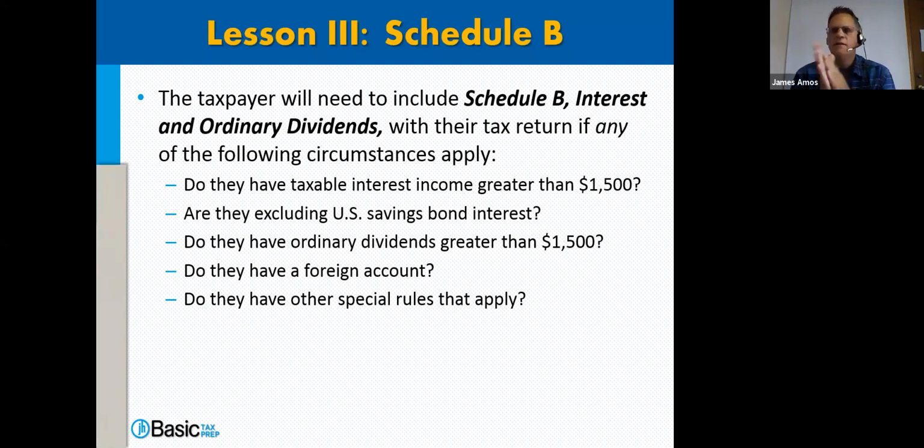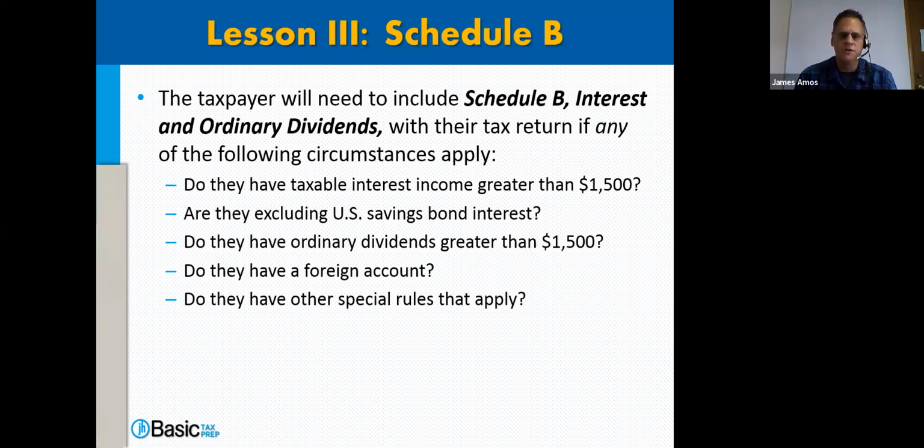So look, Schedule B. You already know where to report interest and dividends directly on the Form 1040. But there are circumstances where you have to report it first on an attachment called a Schedule B for interest and ordinary dividends.